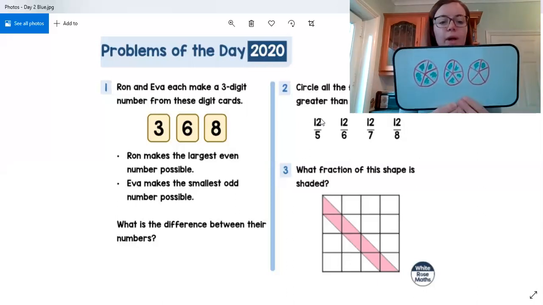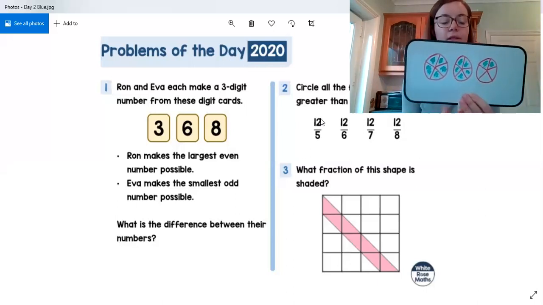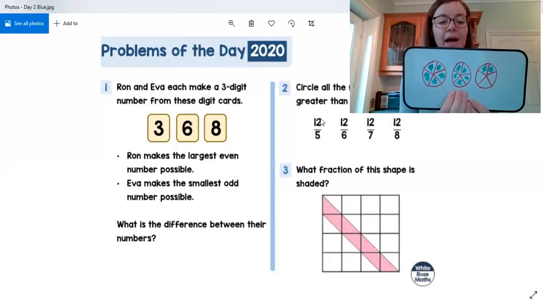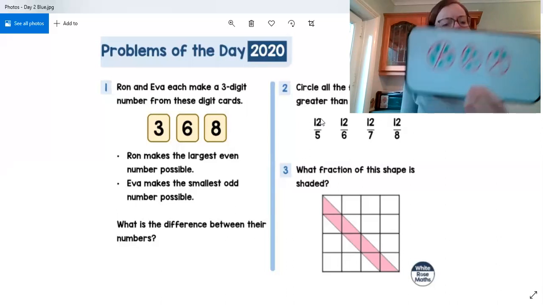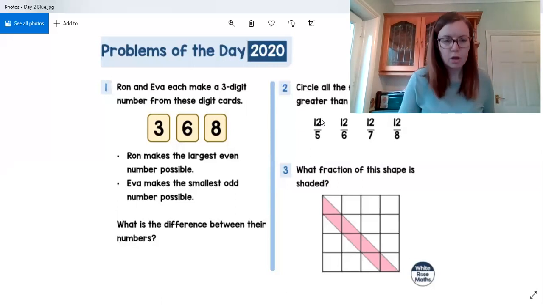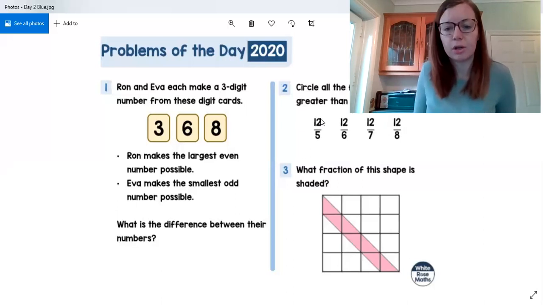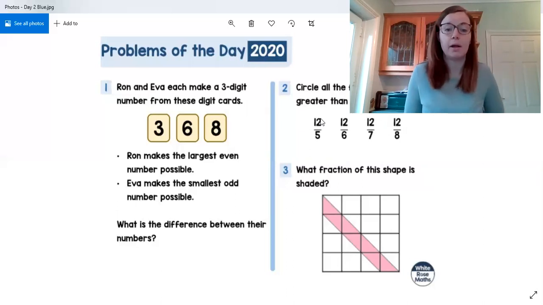Here we go. We have got 3 pizzas. 2 of them have been eaten completely, and 1 of them has had 2 out of 5 slices. So let's think about how we could write that. We're going to go back to using our equivalent fractions here, and we're going to turn 12 fifths, which is called an improper fraction, because the numerator is bigger than the denominator, into a mixed number where we use units and fractions.